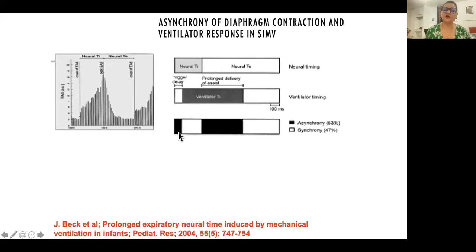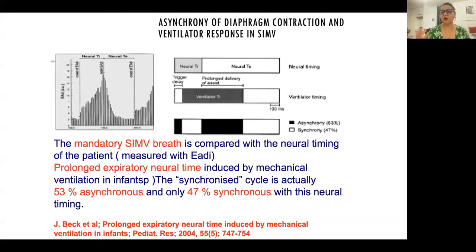So we can see that these are the two portions where there is asynchrony. Here, with the trigger delay, inspiration has not begun. And here, inspiration is still going on when neural inspiration is not required. So these are the two asynchronies which are happening, and this is quite a lot. 53% asynchrony has happened because of this difference.